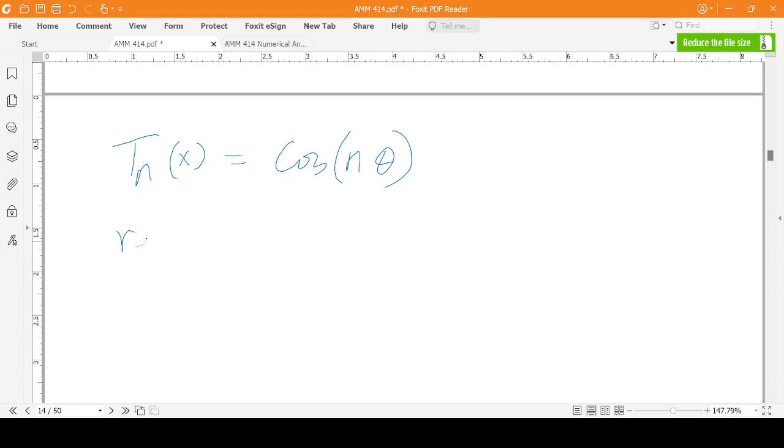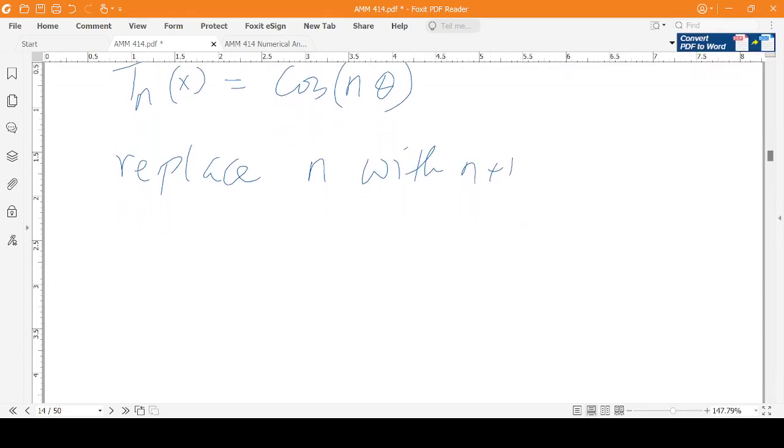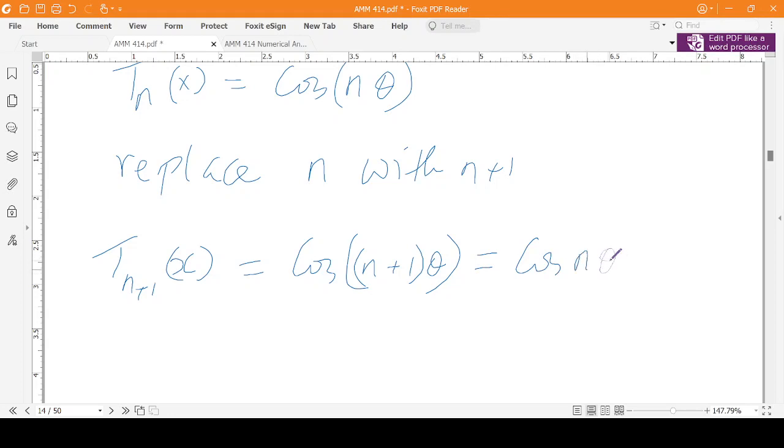So we want to replace n with n plus 1, so that we get T n plus 1 of x, which is equal to cosine of n plus 1 theta, like that. And this we can write as cosine of n theta plus theta.